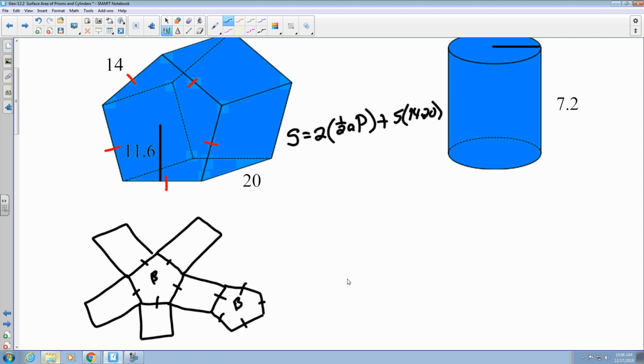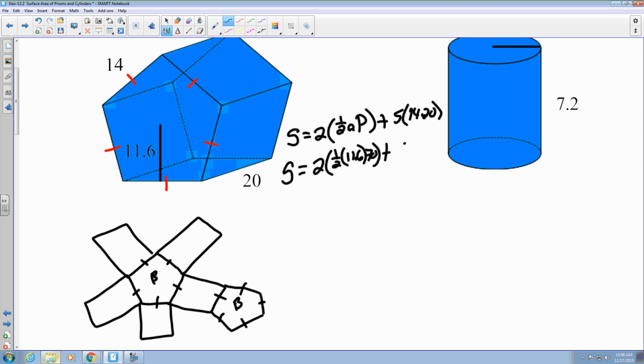So we have to find the area of our bases. Essentially, we have 1/2 times the apothem, which is 11.6, times the perimeter, which is 14 times 5, which is 70.